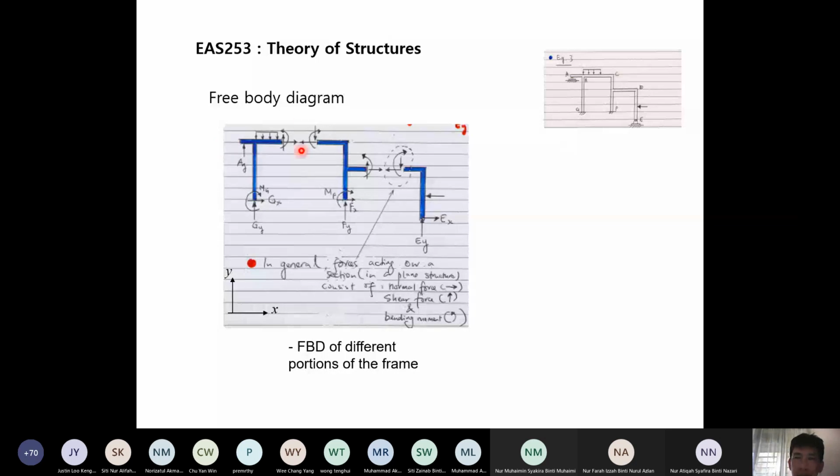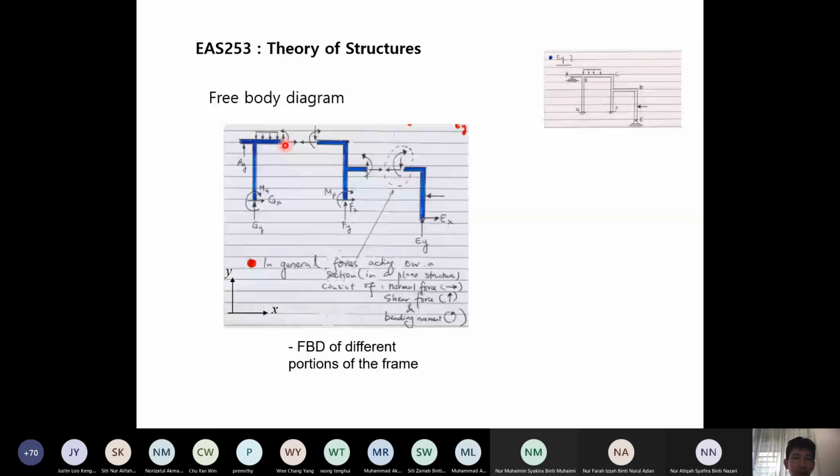So we separate this frame into 3 parts. Because this is a frame, when you cut, the internal forces here are 3. The reaction forces depend on the type of reaction there. How many you have here, and how many you have here.